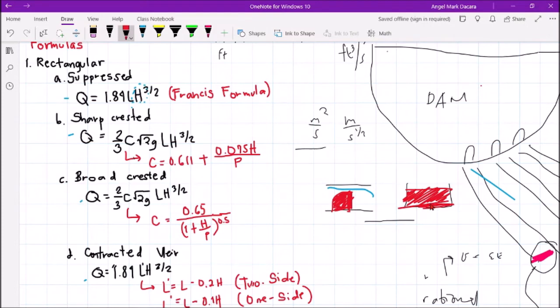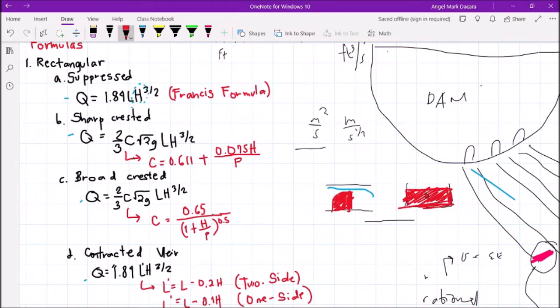So, unang-unang type is suppressed rectangular weir. Pag suppressed rectangular weir, this could be sharp or broad crested, pero this is like a general rectangular weir. Pag sinabi mong suppressed, it extends from one side of the weir hanggang dun sa dulo.